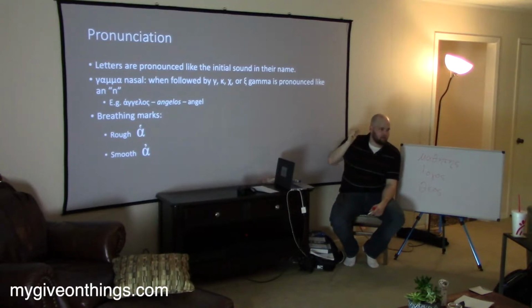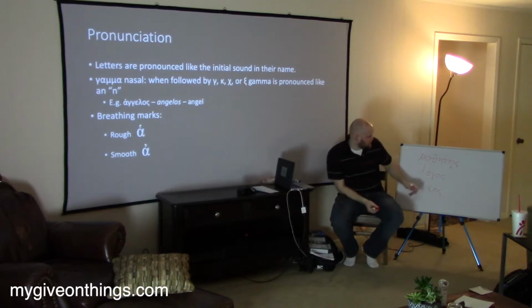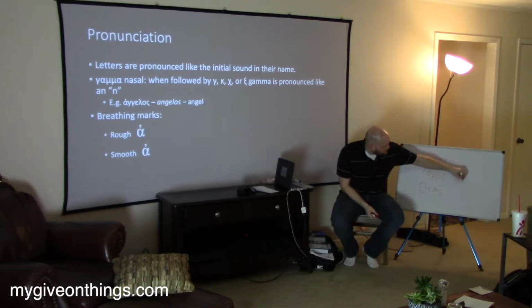One of the very few weird or silent or strange things of pronunciation in Greek is gamma nasal. When followed by a gamma, kappa, chi, or xi, gamma is pronounced like an N. The easy one to talk about with that is angelos.